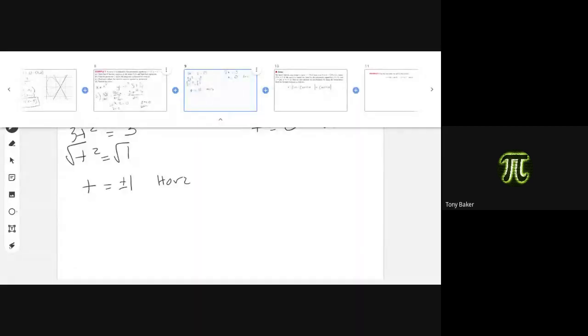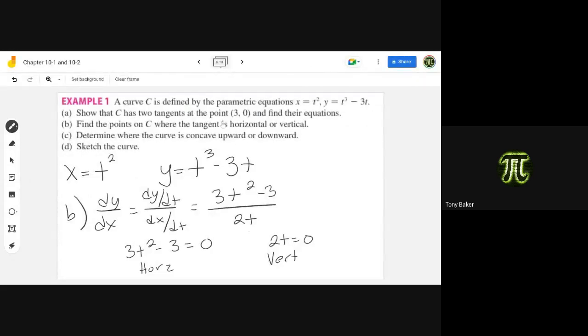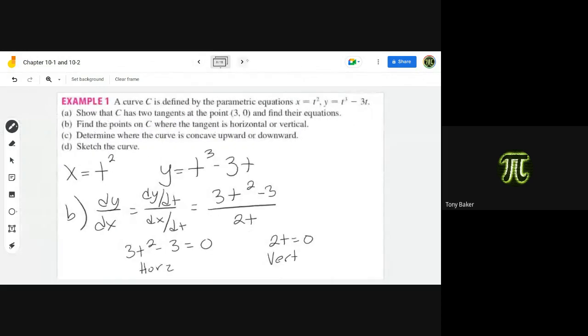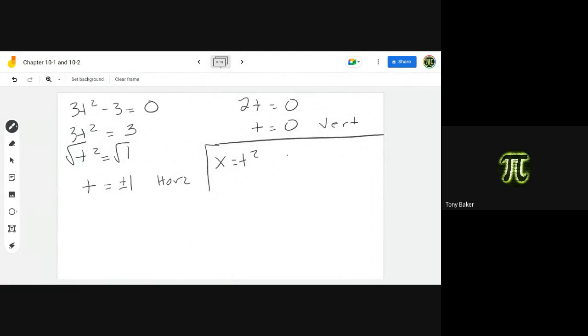The question was asking to find the points on C where that tangent is horizontal and vertical. We've got our t values, so what do I have to do to find my points? We have to plug that back into the equations, which were x equals t squared and y equals t to the third minus 3t.